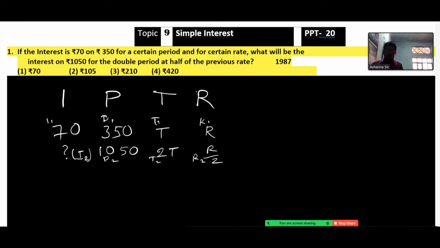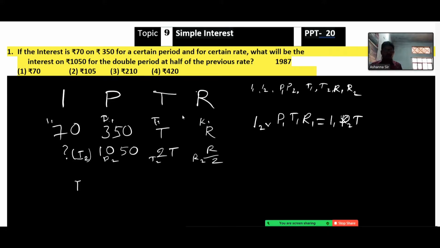So here is a relation among I, P, T, R. We know the formula: I2 into P1, T1, R1 is equal to I1 into P2, T2, R2.